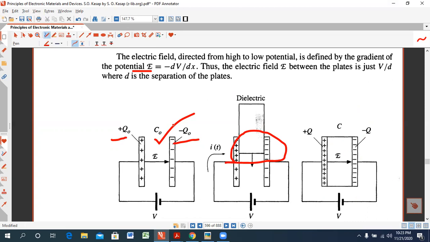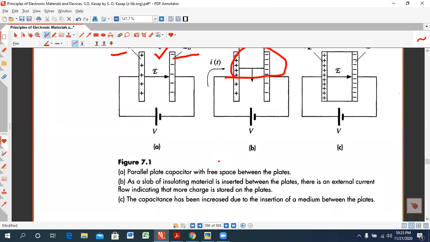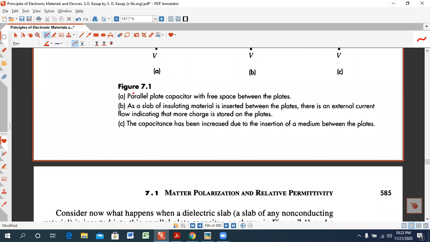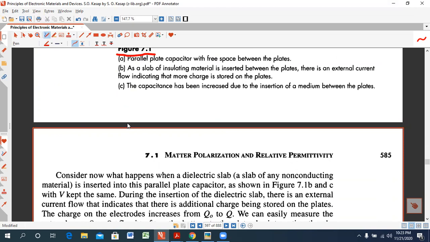So with the insertion of the dielectric material, the amount of charge increases. That is very clearly explained in figure 7.1.